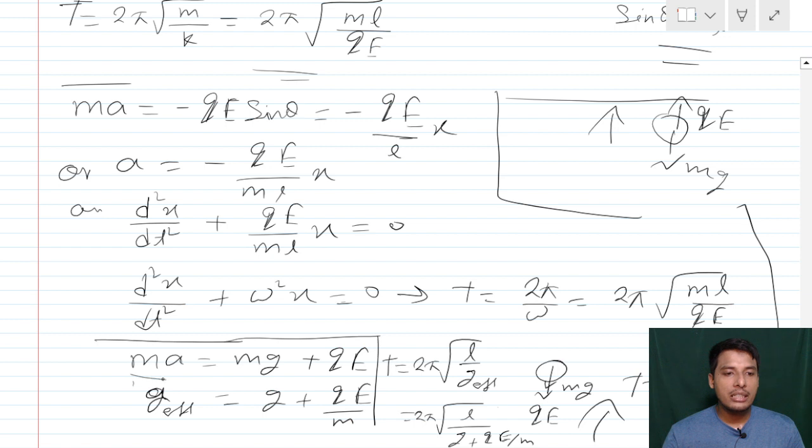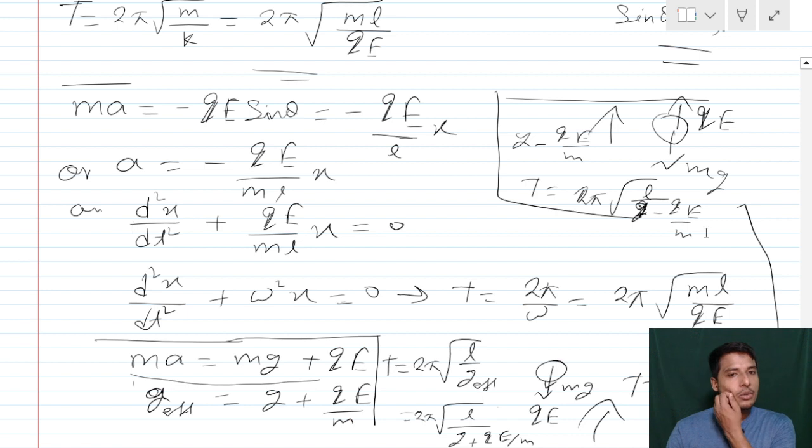Then we can easily write g effective equal to g minus qe by m. Therefore the time of oscillation will be 2 pi root over L by g minus qe by m.